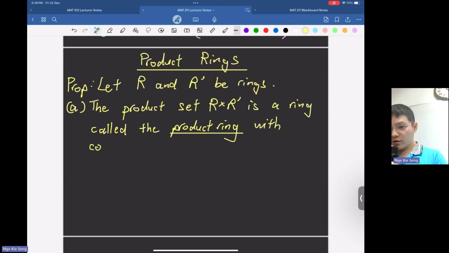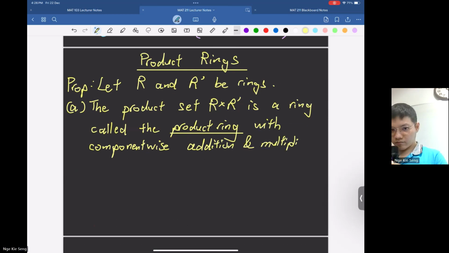With componentwise addition and multiplication. What do I mean by componentwise?